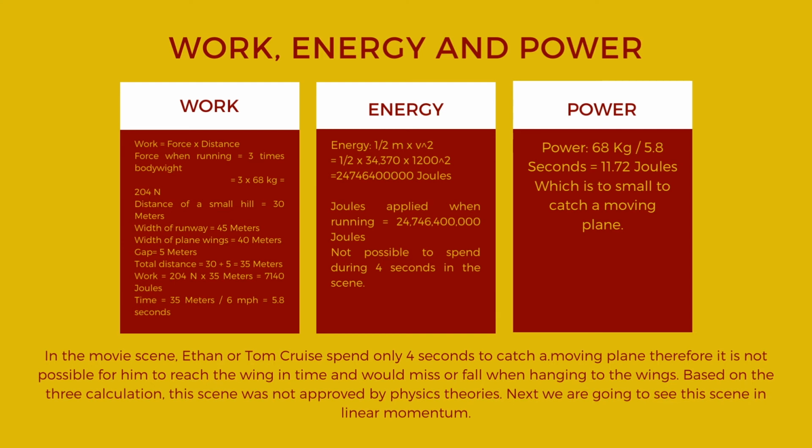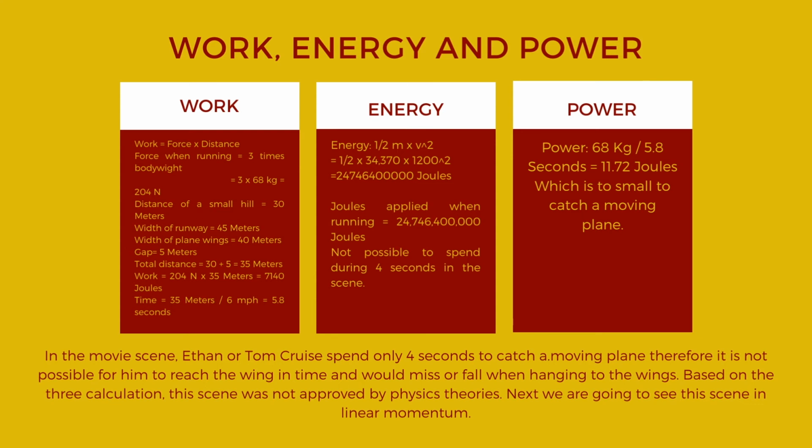Moving on to the energy. Energy equals half times mass times velocity to the power of 2. So again, if you see the information table, you can get this equation: half times 34,370 times 1,200 to the power of 2, and we get this number, which is very long.